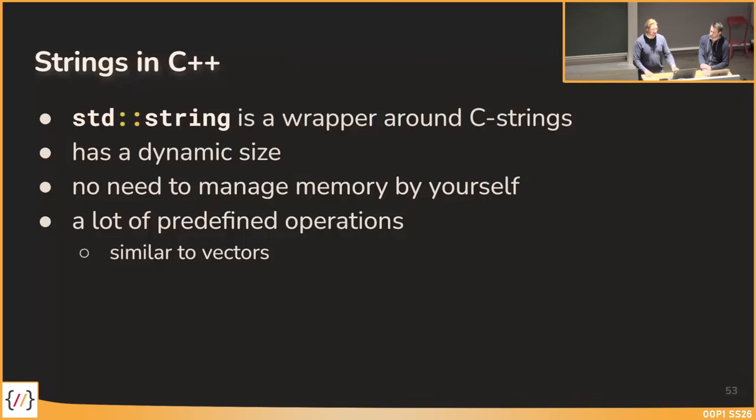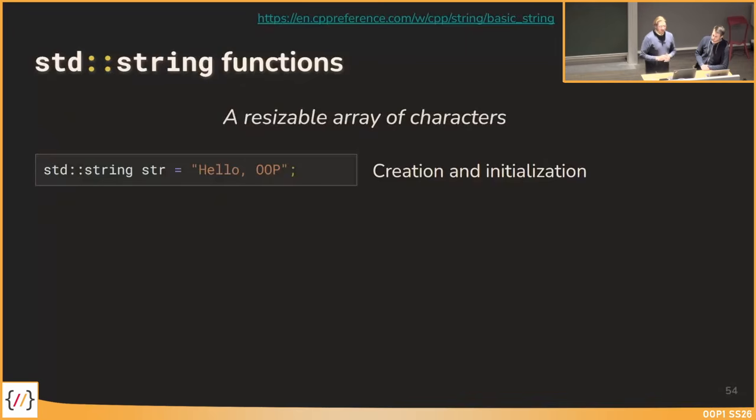We will see them on the next slides. And you don't have to implement any or most of the functions by yourself anymore. Most of it is done by the std::string library. Okay, let's take a look at some selected functions of std::string.